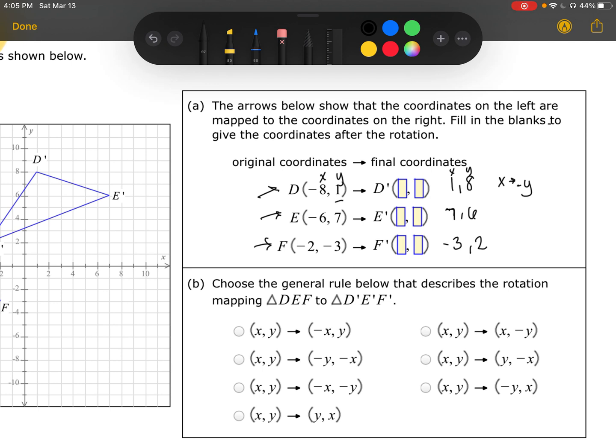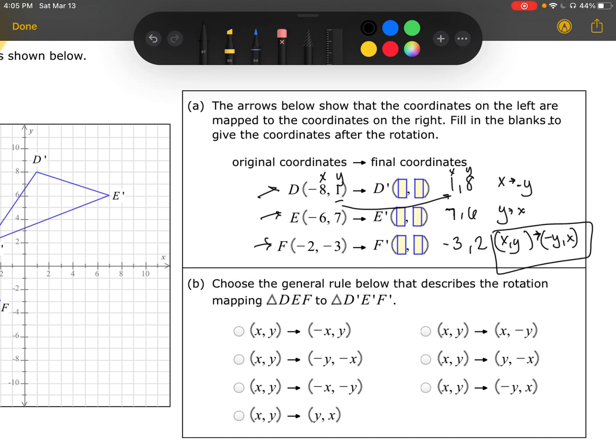I have 1, and my 1 goes to my X value. So my Y goes from 1 to 1, but it just switches its place. So you're going to have XY, which is your original, to negative Y, X. Probably wrote that out in a little bit of a confusing manner, but there we go.